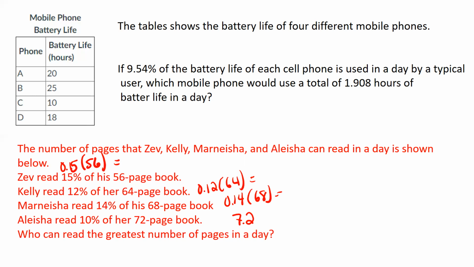So 56 times 0.15 is 8.4 pages. So that was Zev. Kelly read 64 times 0.12, which is 7.68. And then Marnisha read 14% times 68, which is 9.52. So now we can tell who read the greatest number of pages. That would be Marnisha, because 14% of 68 is more than any of the others.